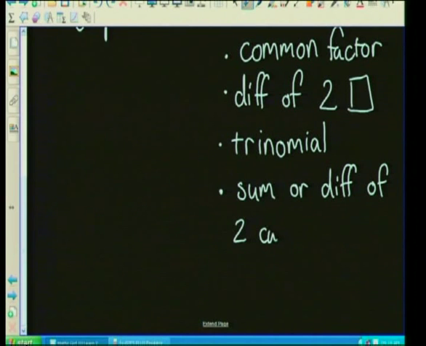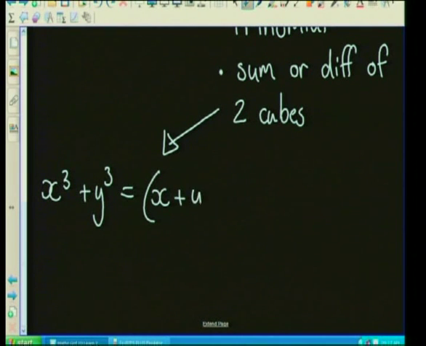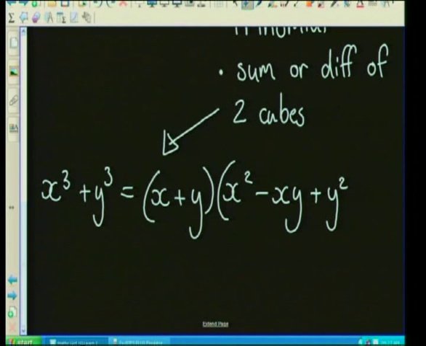Now remember, there's a definite formula for doing the sum or difference of 2 cubes. If it is x cubed plus y cubed, you will get an answer of (x plus y)(x squared minus xy plus y squared).